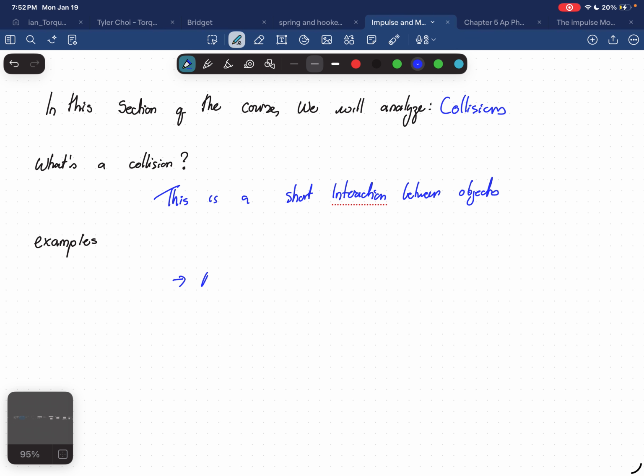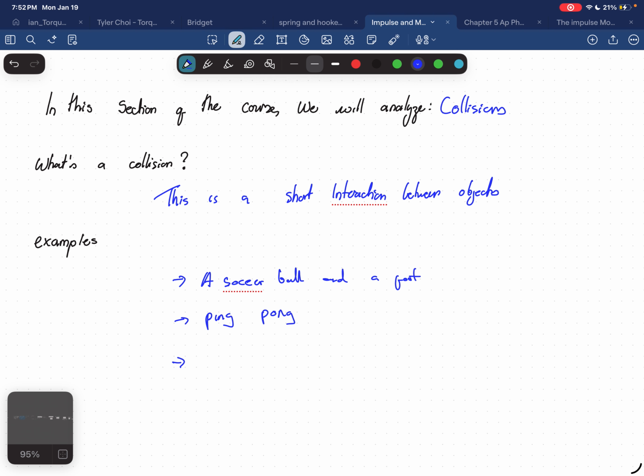Examples would be a soccer ball and a foot. I would say maybe ping pong. You know, when the ball hits the bat, that's a pretty short interaction.